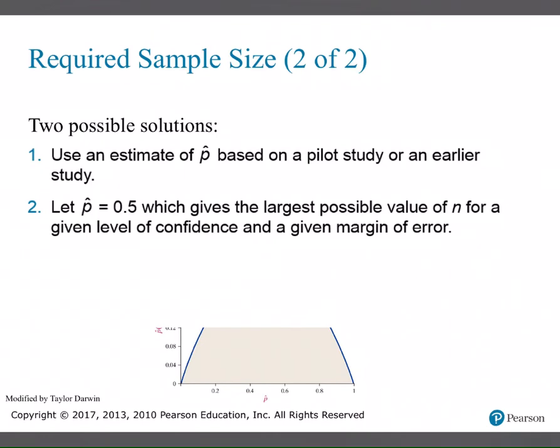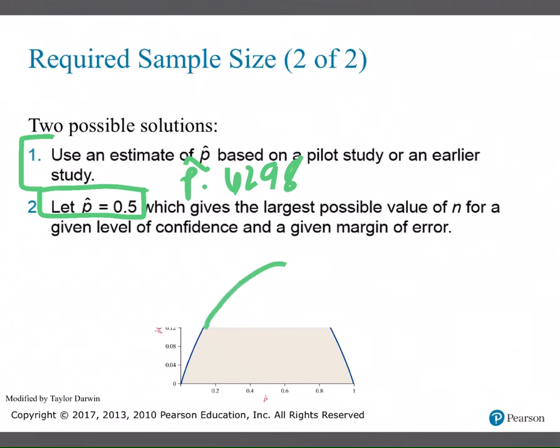So we could have two possible solutions. We could use an estimate of p hat based on a number that we're given. So like our p hat earlier was 0.6298, I think. If you're not given a p hat, you can just use 0.5, but I will say most of the time you're given a p hat.